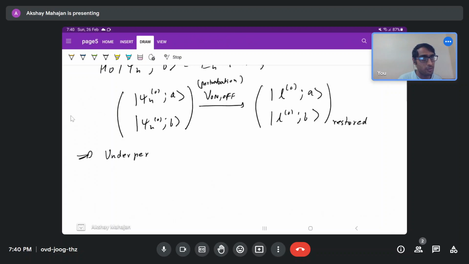If you have D-fold degeneracy, then we take a phi n of the zeroth order as a linear combination. In the same way, we are just taking only 2 degenerate states. When you apply this potential and then switch it off, it will be restored. You will have states which will be some rotated state. If you just have 2, then it will be rotated.